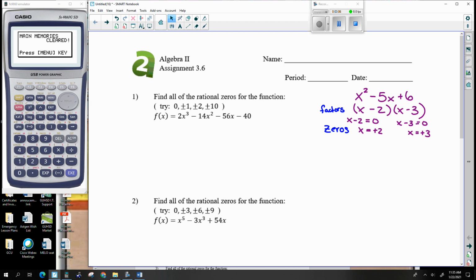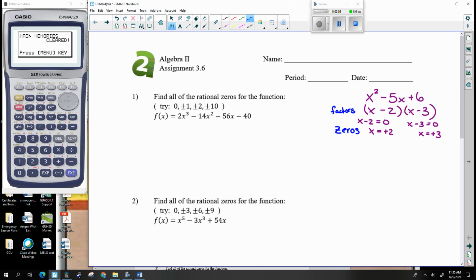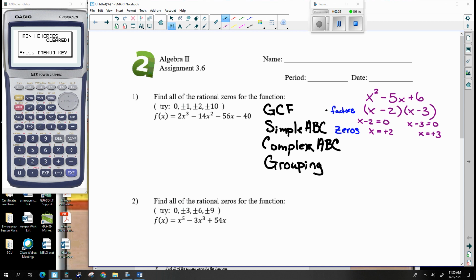The easiest way to start looking for zeros is to see if we can factor it relatively easily. By that I mean GCF, simple ABC, complex ABC, grouping, difference of squares, or cubes.